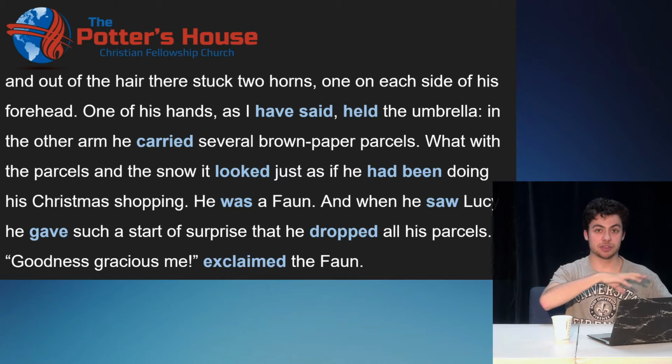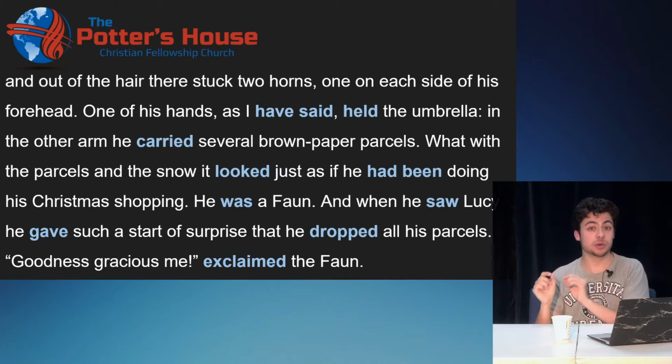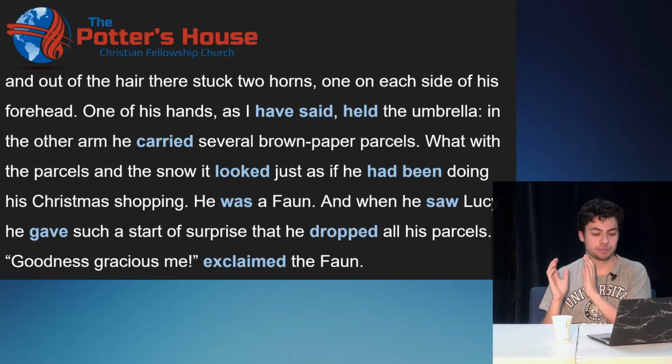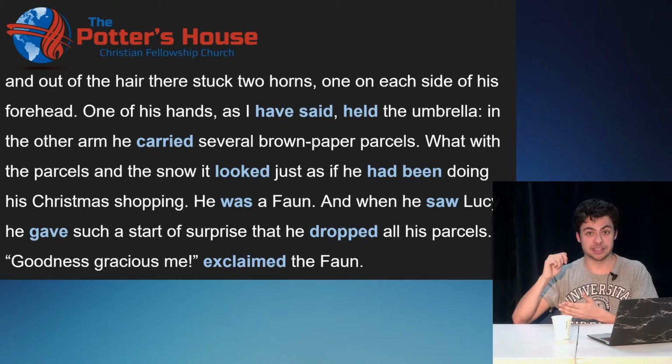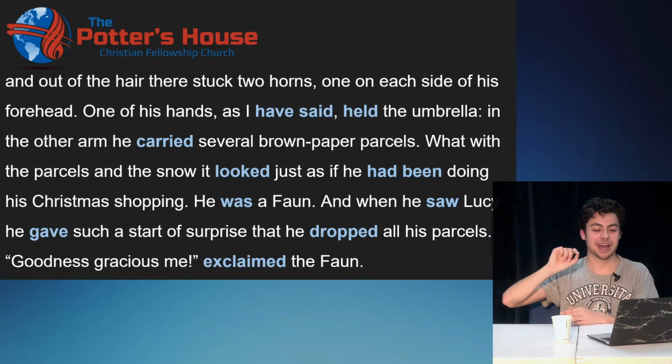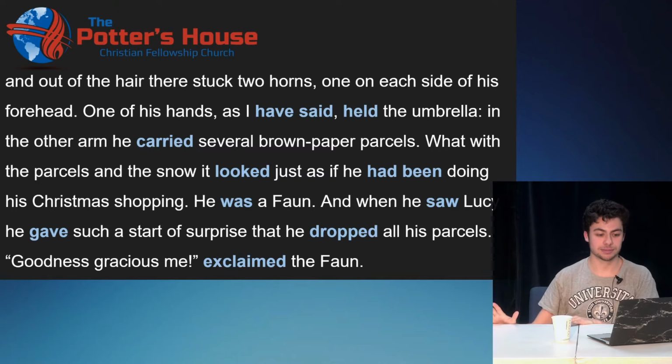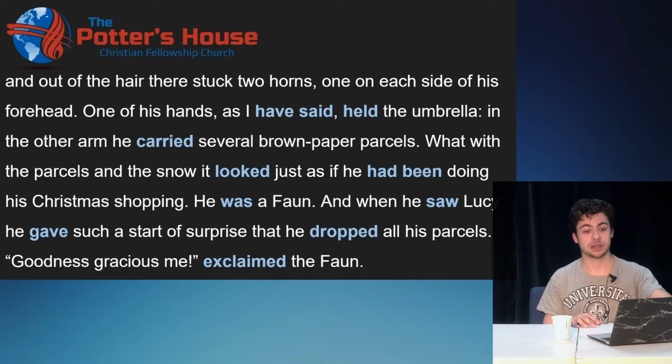So he took a step out of the story and is still in the past tense, right? Because this is the present perfect. The present perfect is a way of describing the past. Because he's saying, in the past, while I was describing the story, I said this, which is that one of his hands held the umbrella. I hope that helped clarify, because sometimes it's very good to see the present perfect in a story like this, because then it shows you why you would use the present perfect versus the past perfect. You can see he uses the past perfect a lot when he's describing actions that happen in the story.